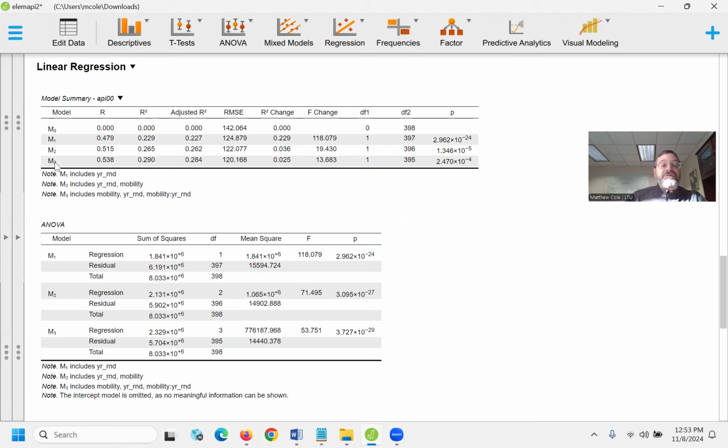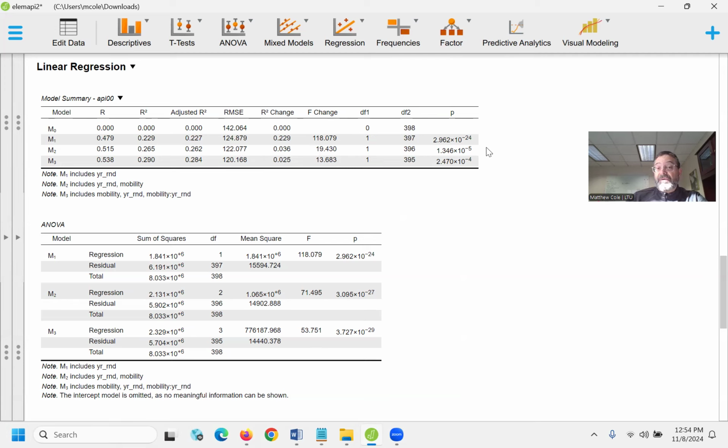And then in model 3, we added in the interaction term, and that added 2.5% of a change in R-square, so that now we predict 29% of academic performance. And we also see that the model improves. It's a better model.